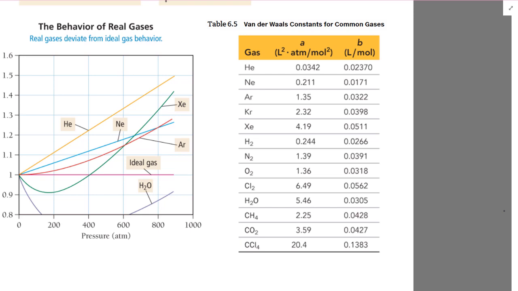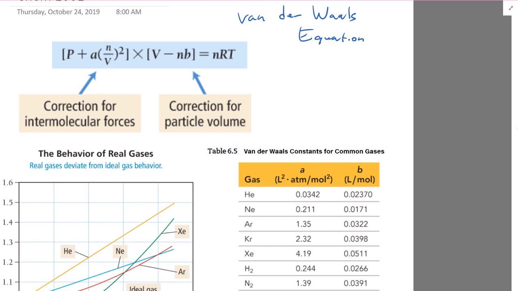And so what's done is that a real gas is taken, we observe its behavior over a variety of pressure conditions and temperature conditions, and then through curve fitting, we come up with these constants, A and B, which wind up getting plugged into this equation right here.